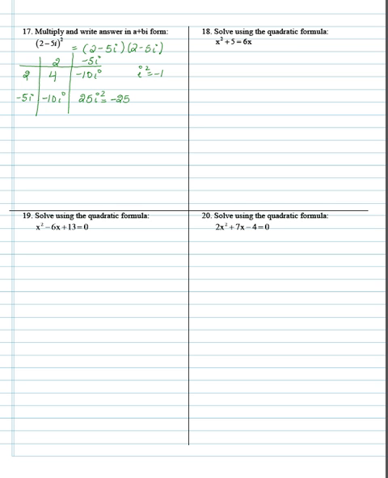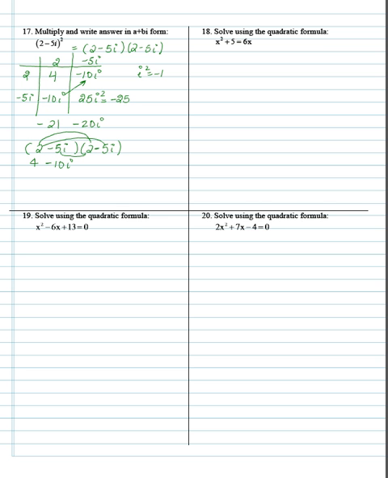Now I can go ahead and combine these two. So negative 10i gives me negative 20i. And negative 25 plus 4, and that would be negative 21 minus 20i. Now you might also multiply or FOIL the regular way, which is the same as well. 2 times 2, 4. 2 times negative 5, negative 10i.